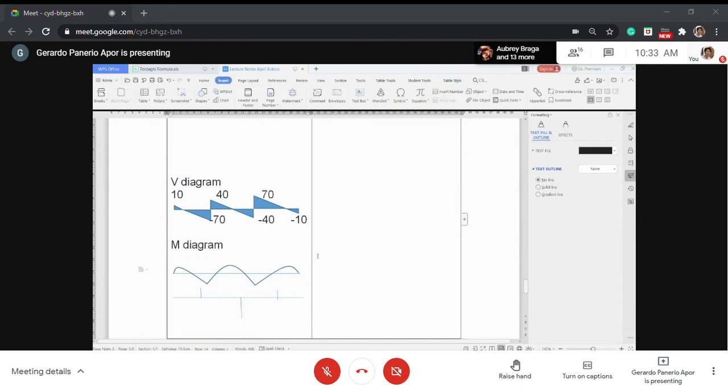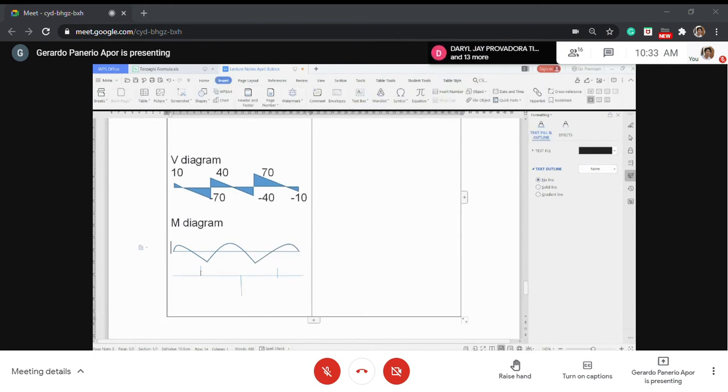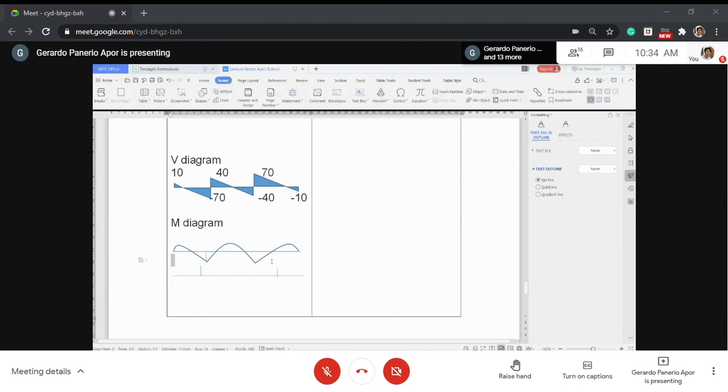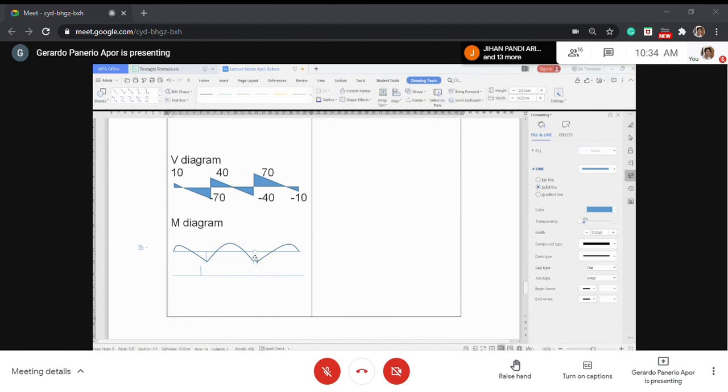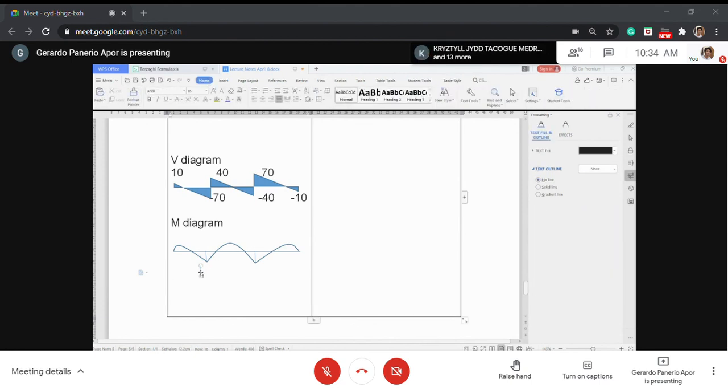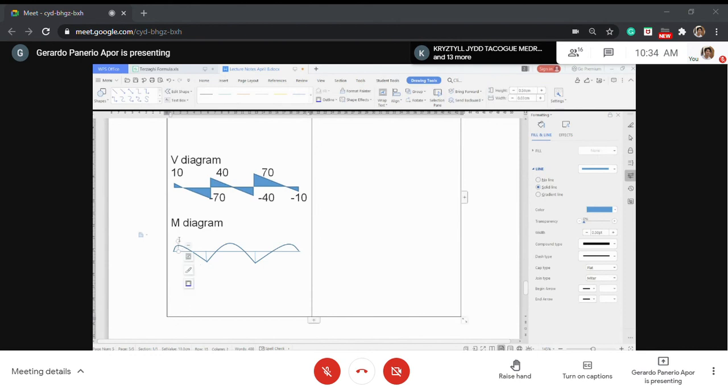No Batman shape. And basically you can determine the moment by using the area of the shear diagram. Okay. So you can determine that one.